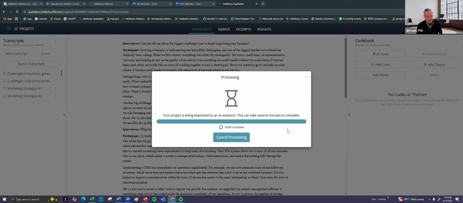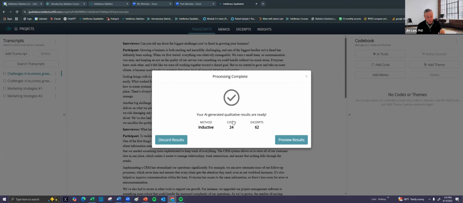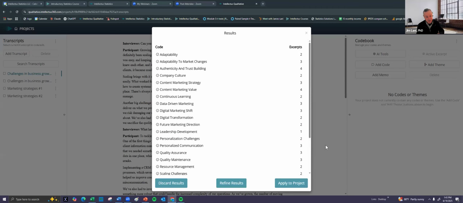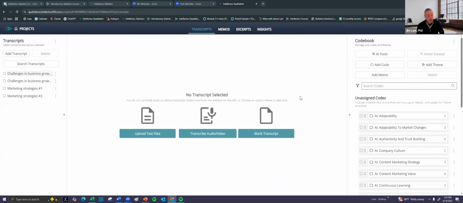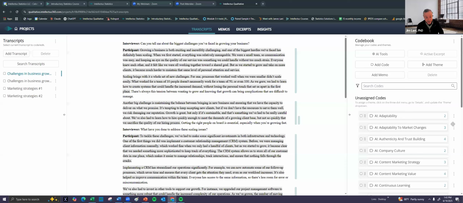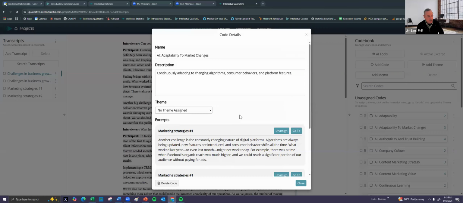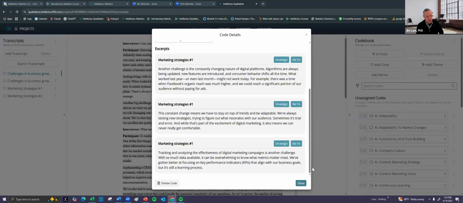This is an AI version of getting 24 codes and 62 excerpts. So just to know that technology is here and ready, and here are the different codes and excerpts based on 30 seconds. Here's the code name, code description, and the excerpts associated with it.